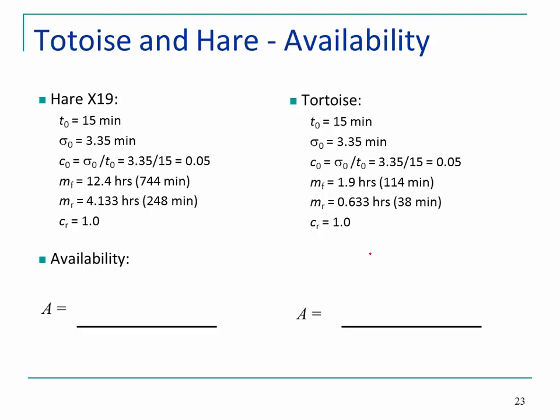If you start computing some of the coefficients and values that we discussed in class already, we can get the effective time of processing, including the natural variability. We can get also the standard deviation, which is 3.35. For both of them, this is going to be the same. So that means if you compute this coefficient of variation, you end up having the same coefficient of variation for both.